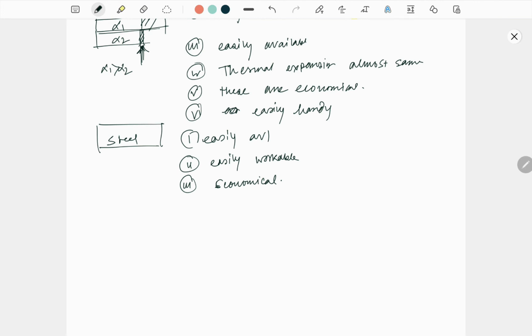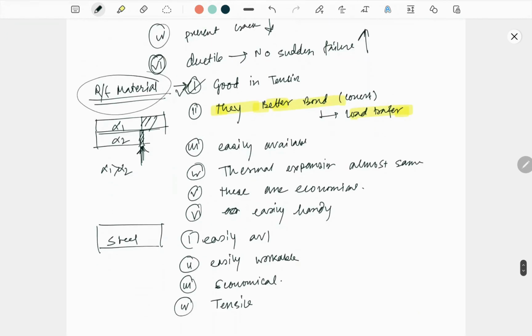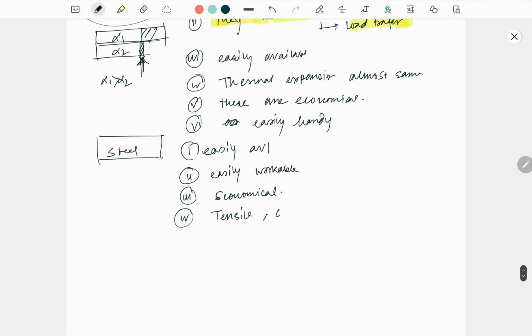Now we talk about some important points. Let's understand one by one. Number 4, they are great in tensile force, and also great in compressive force.